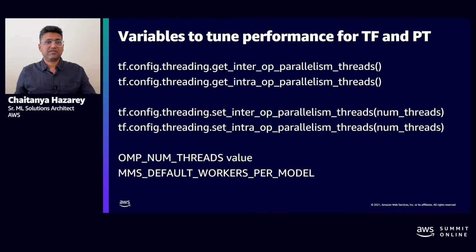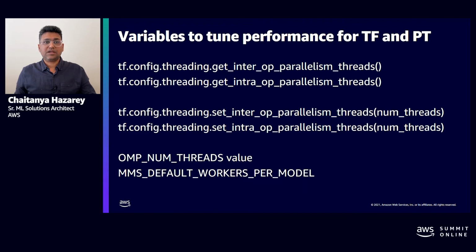In our experiments, tuning these variables with respect to the number of cores within an endpoint maximizes the performance of an endpoint. For example, let's say for an ml.c5.xlarge instance type with 4 vCPUs for hosting an NLP model, setting OMP num threads to 1 and workers to 1 gives us 3.4 TPS.